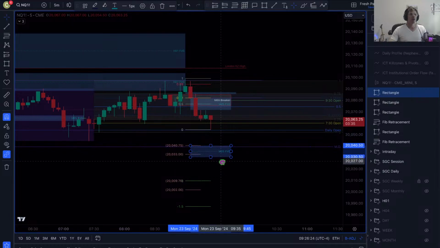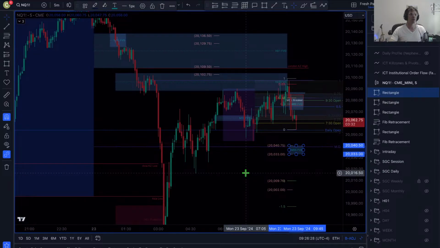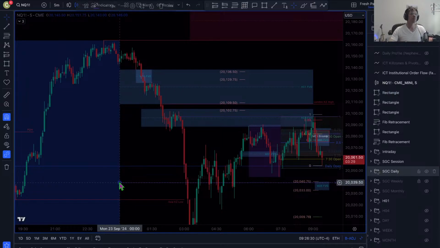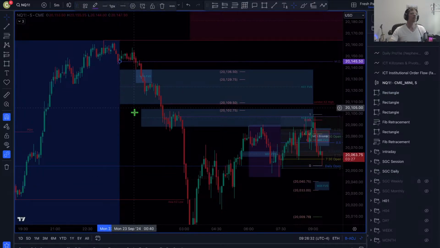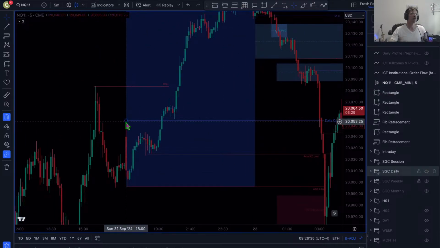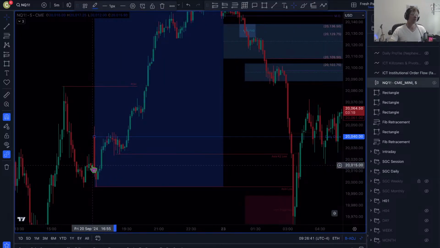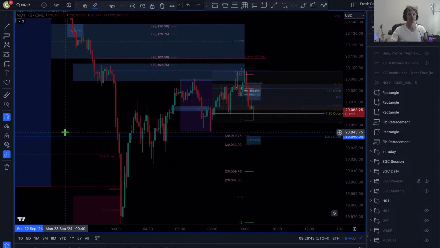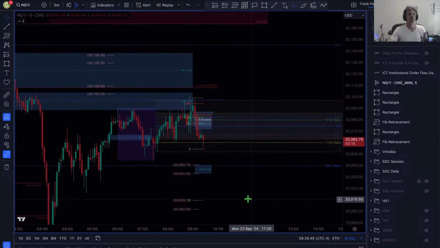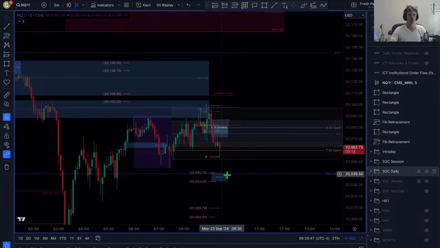And then we've got this. And notice, I didn't do my midnight open. That's midnight open, and I didn't do my daily open. And that's your daily open. Notice that gap was filled right away. So there's not really an opening gap. Notice also how this jump start brings us right to the daily open.